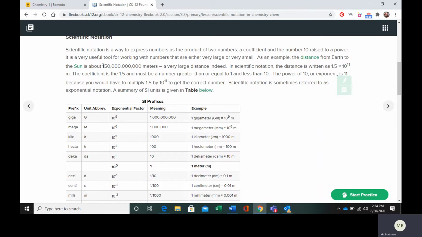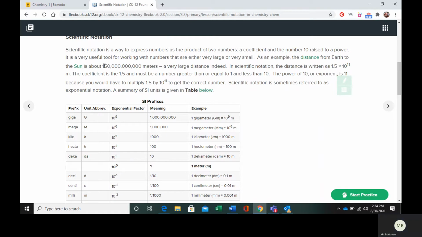So if we look at this, say 1.5, that's where our decimal place is. If we times it by 10, we move the decimal place 1 to the right. Now we are multiplying it by 10 11 times total.